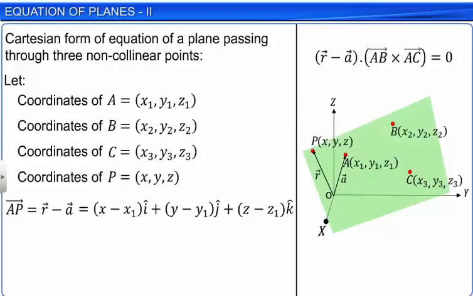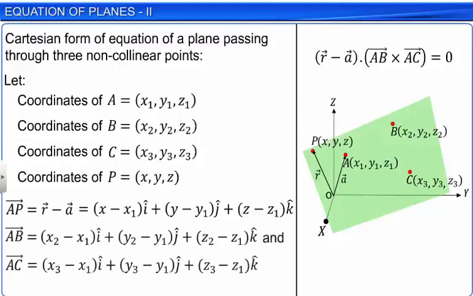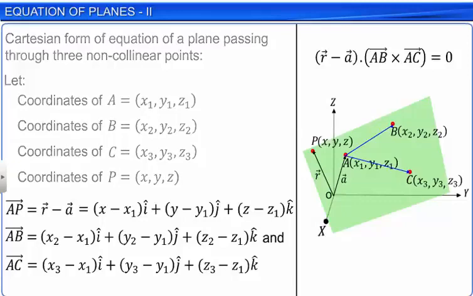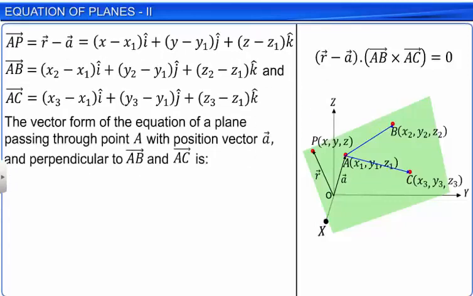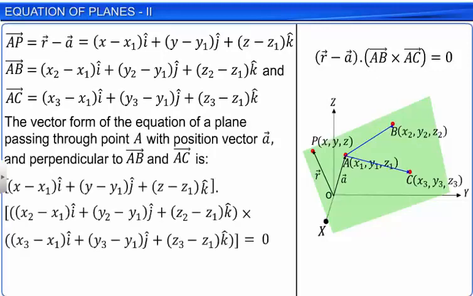Similarly, we can write vector AB and vector AC as shown. Substituting the previous values in the vector equation of the plane passing through non-collinear points A, B and C, we get equation 7 as shown.